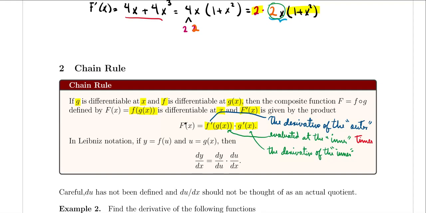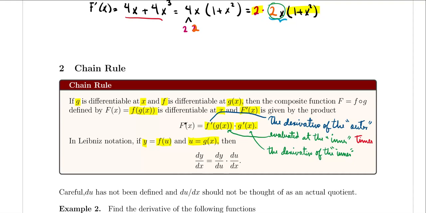Now, if we go ahead and use Leibniz notation, it's going to be a similar formula, but it might look a little bit different. This time around, we don't call the inner function g of x. Instead, we call it u, but u is defined here as g of x. And the outer function we label as y, which is f of u. So in other words, it's simply the function composition.